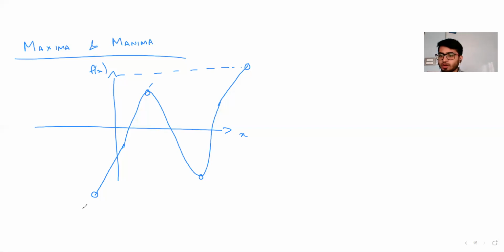Now what we are going to look at is how do we get the local maxima and minima. First of all, equate f dash x to 0. Once you equate f dash x to 0, you will find different values of x. If f double dash x is greater than 0 at the point where f dash x is 0, then this x will be a point of minima.